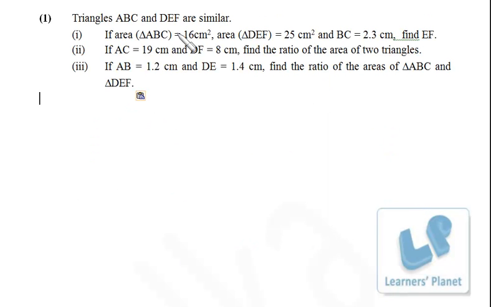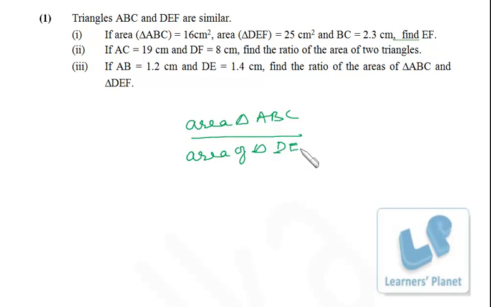Now triangle ABC and DEF are similar. The question is, area of triangle ABC is equal to 16 and area of DEF is 25 centimeter square. Now when the two triangles are similar, the ratio of their areas, area of triangle ABC by area of triangle DEF, is the square of the ratio of corresponding sides, or I can say BC square by EF square, right?